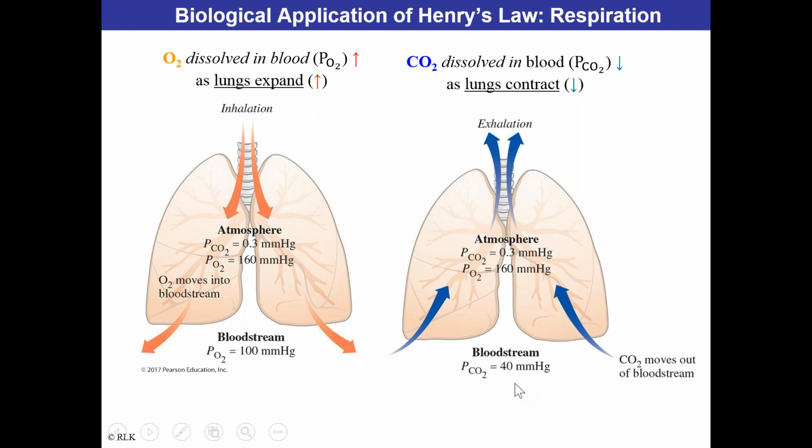You have 40 millimeters of mercury of pressure of carbon dioxide from the blood entering the lungs, and then it's going to leave, right? It's going to be exhausted. So that's just one of those examples here, a biological application regarding a pressurized environment. So hopefully that remains pretty clear.